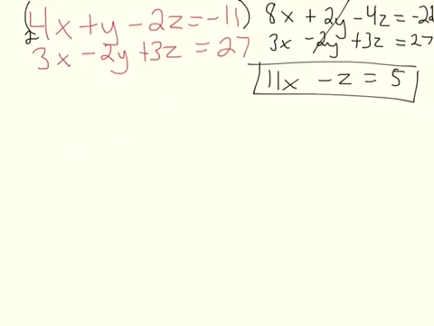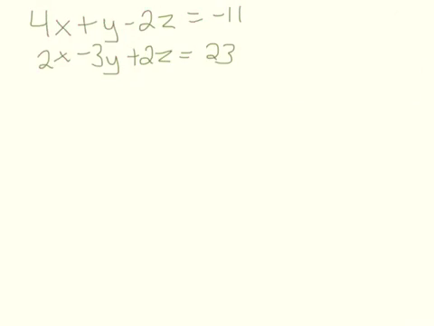Now what we're going to do is, using our same 3 starting equations, I'm going to do the same method of eliminating y for the first and the third. So they are these 2 right here. Again, since I'm focusing on eliminating y, in order to get my y's to cancel, I need to multiply my top equation by 3.